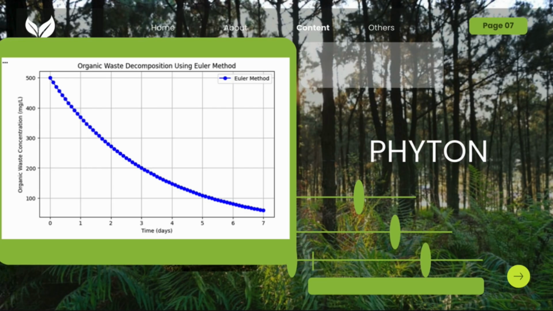So it takes the mathematical formula and solves it in thousands of tiny steps. It starts at 500 mg per liter and calculates exactly how much is left at every micro moment. So the goal is to provide a smooth, high-resolution numerical trend. This is the gold standard graph that engineers use to get exact data points for treatment systems.